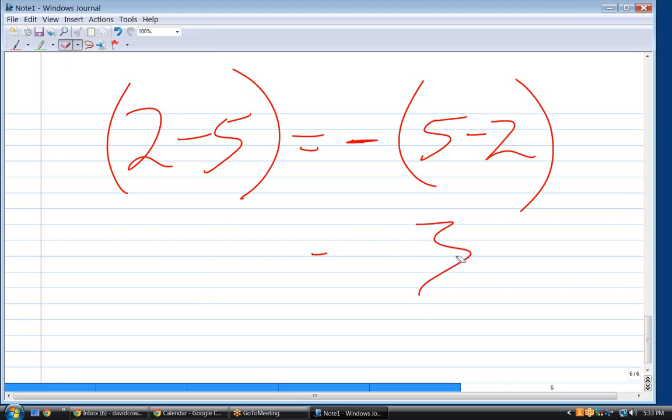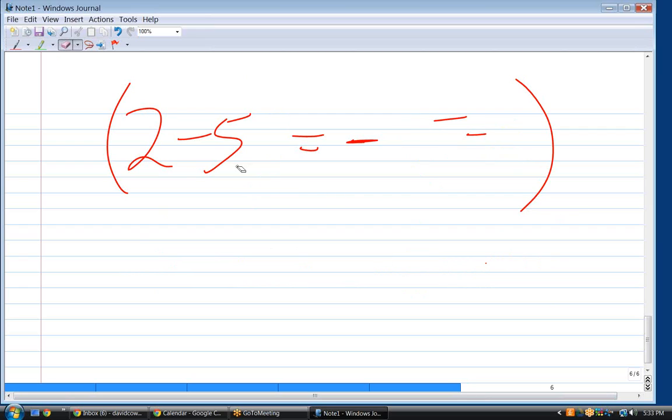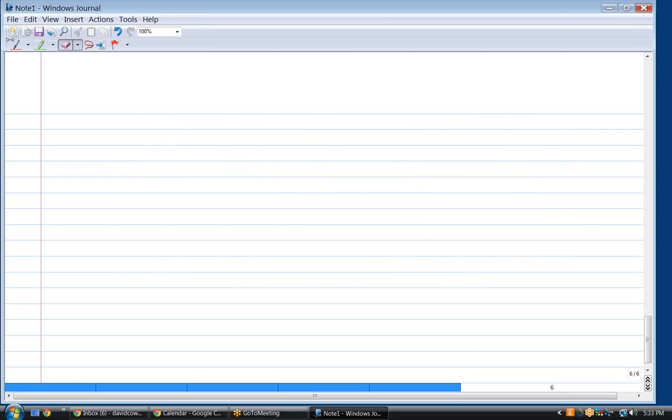So this principle is very valuable to know: x minus y equals the negative of y minus x, no matter what y and x are. And we used it on that last problem in order to simplify it down as much as we could.